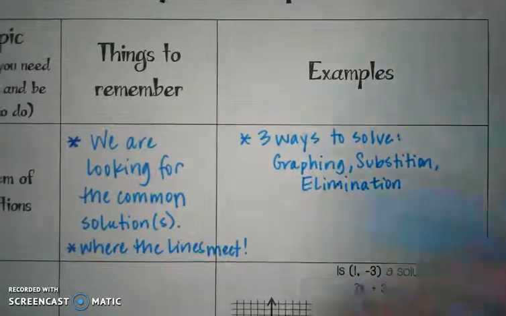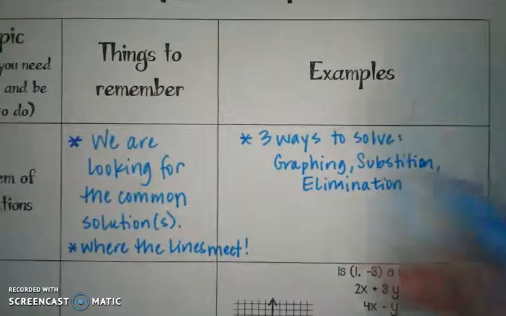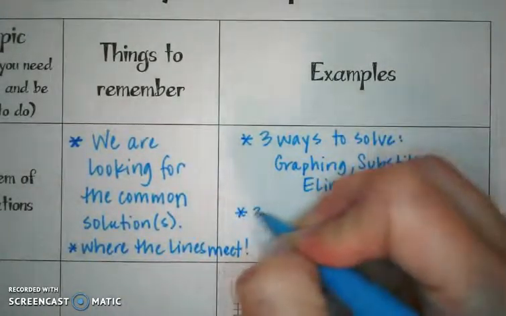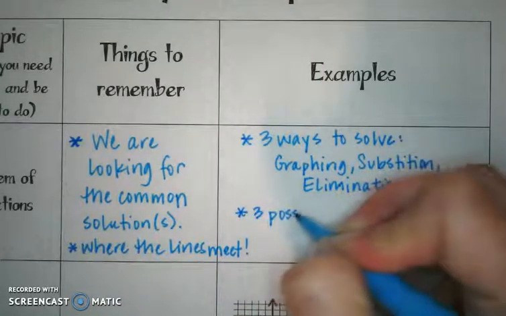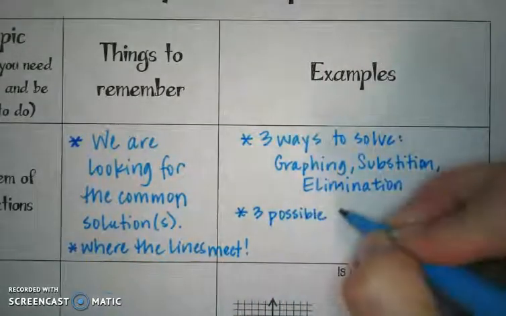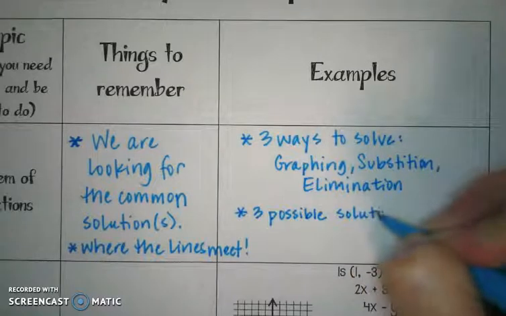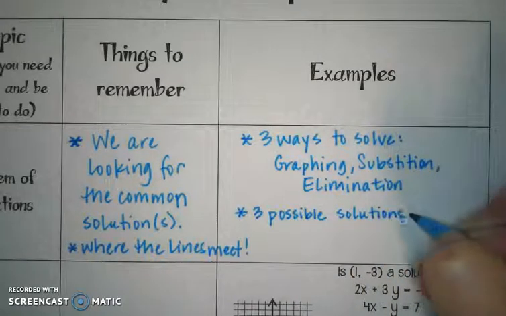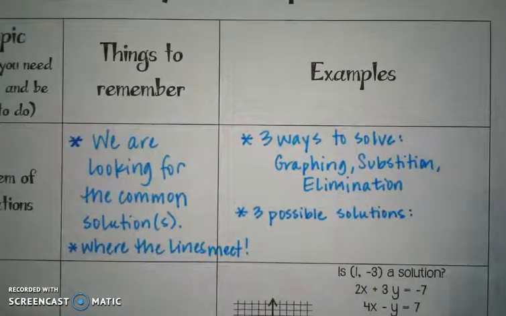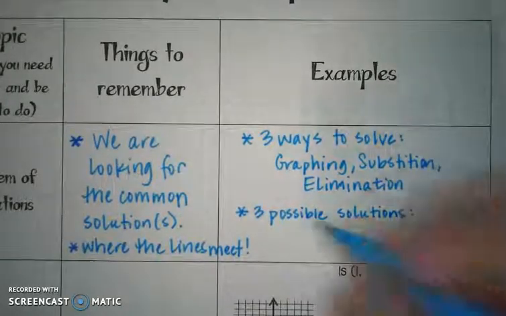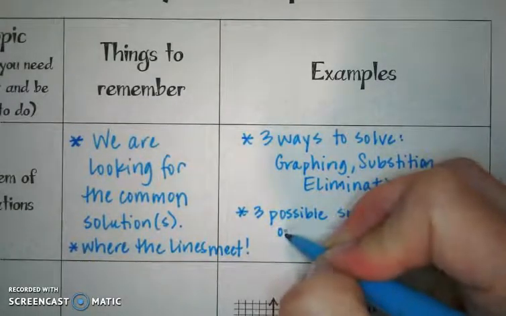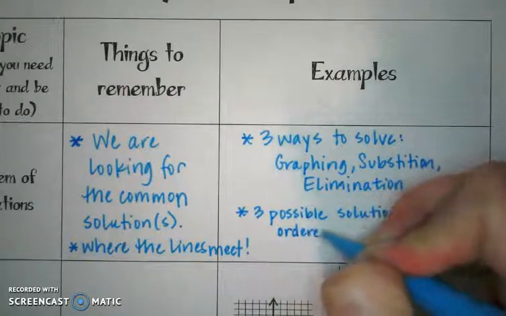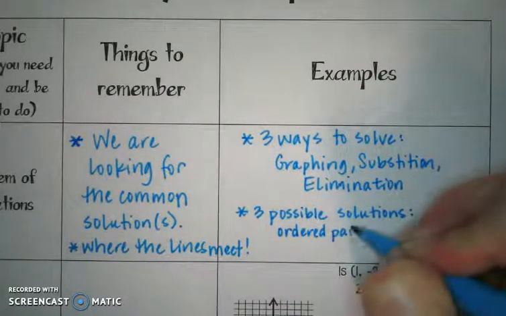All right, not only do we have 3 ways to solve a system, we have 3 possible solutions. So what that means is that there's 3 things that can happen when we solve a system of equations. One thing is that it meets at a point, which means we would write an ordered pair.